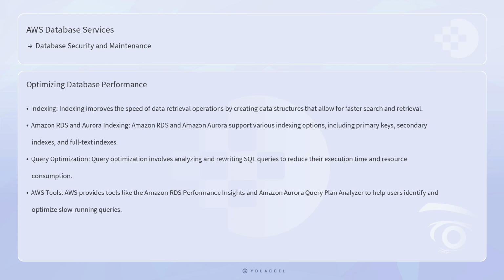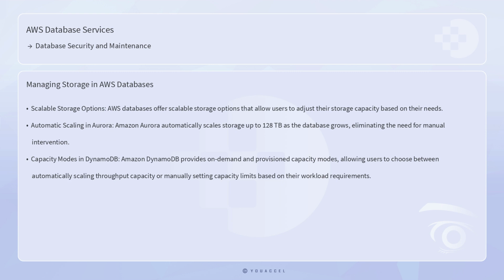Query optimization involves analyzing and rewriting SQL queries to reduce their execution time and resource consumption. AWS provides tools like the Amazon RDS Performance Insights and Amazon Aurora Query Plan Analyzer to help users identify and optimize slow-running queries.